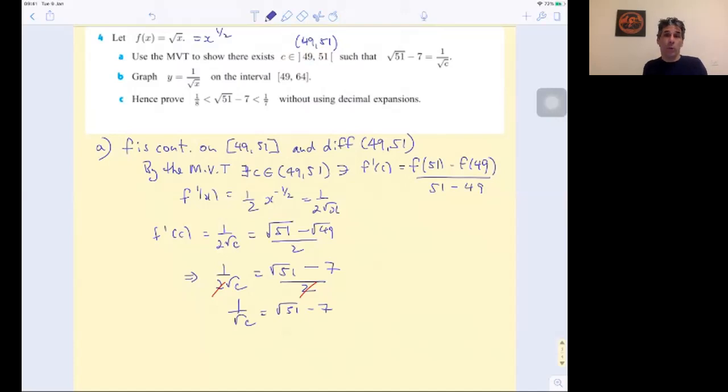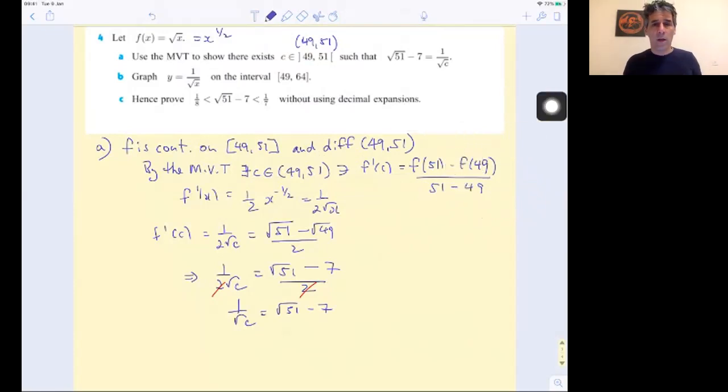We don't know what c is. It didn't tell us to find c. It just says to show that a c exists. The mean value theorem doesn't show you how to find the c that makes this particular statement true. It just guarantees that one exists, and that's all we're actually asked to show in part A of the question.